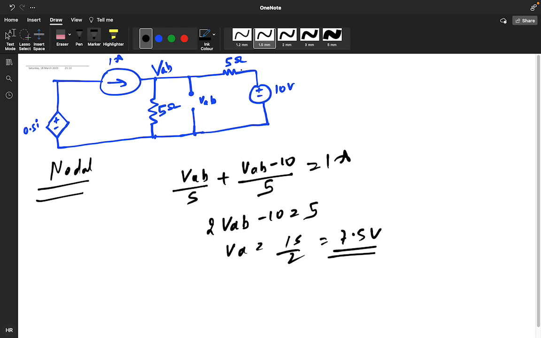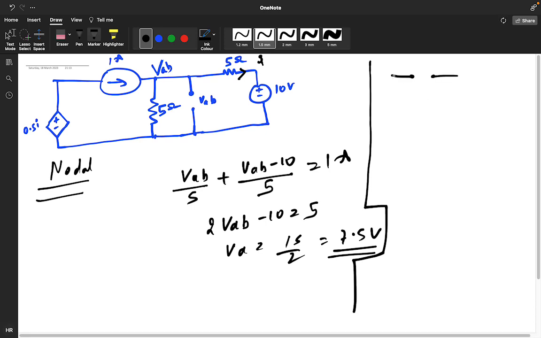Here in the question, it is mentioned the I current, this particular is your I current. Now you have the value of VAB. Now you need to find the value of RTH. For finding RTH, you will open your circuit, positive, negative, 0.5 I will remain there, but this circuit will get open, 0 ampere.